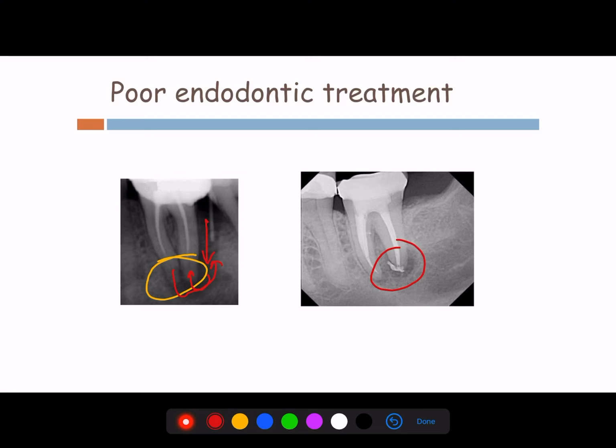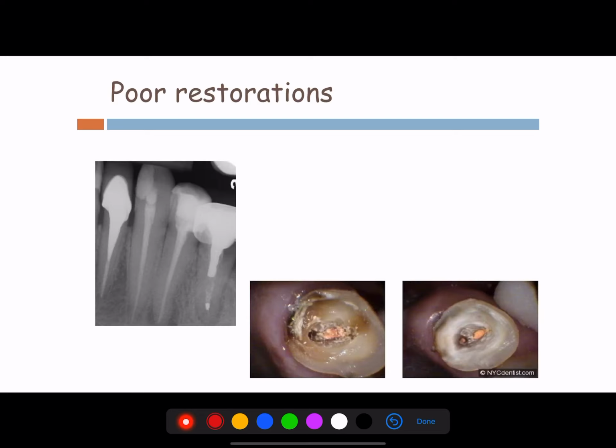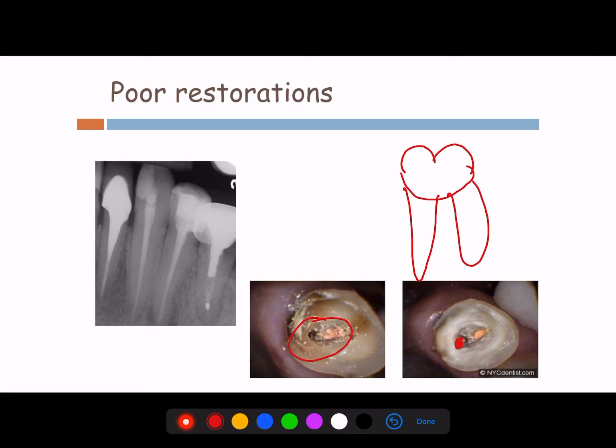Similarly, here, your restoration and your poor endodontic treatment are the reasons. And coming here, this is a poor restoration. I was talking about how sealing your gutta-percha is very important. So this is where you're going to obturate, right? You're going to keep gutta-percha here until this area. So these are the orifices.